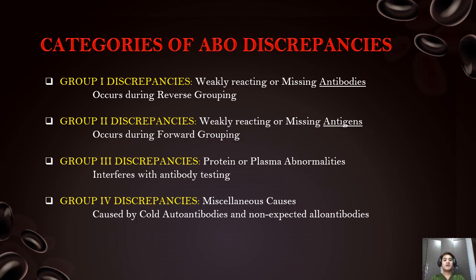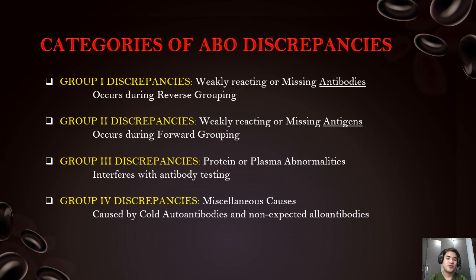In group 1 discrepancy, there is the presence of weakly reacting or missing antibodies. In group 1 discrepancy, we are dealing with antibodies, so it therefore occurs during your serum typing or reverse typing. For group 2 discrepancy, there is a presence of weakly reacting or missing antigens.